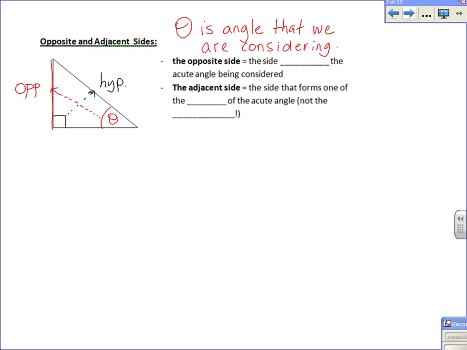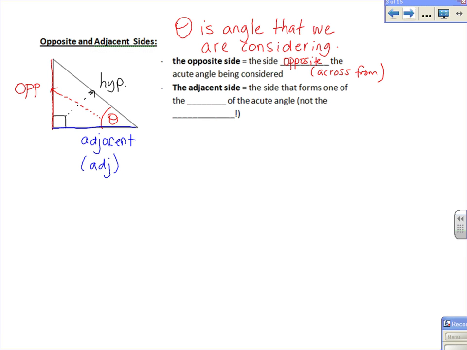Okay, so the opposite side is the side opposite, or directly across from, the angle that you're considering. The other side is your leftover side. This side right here is the only side I haven't labeled yet, and it's my adjacent side. Sometimes we use ADJ to abbreviate adjacent side, just like OPP for opposite.